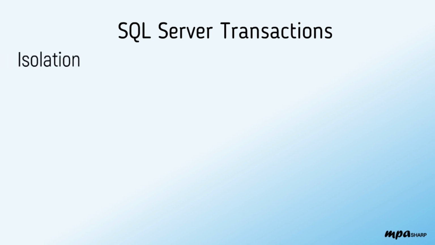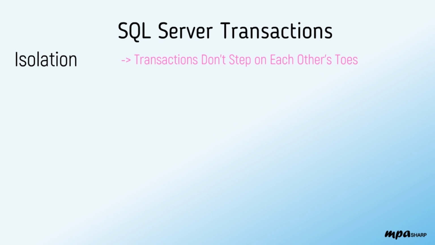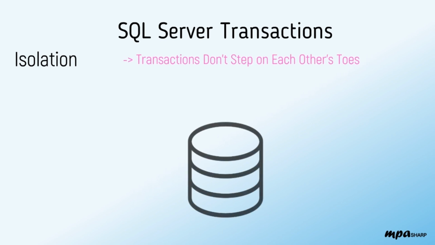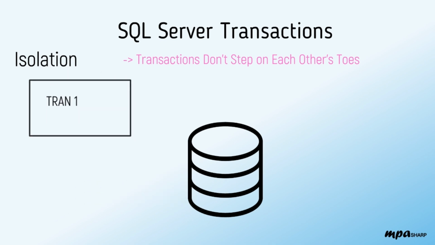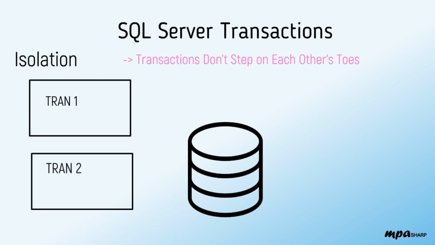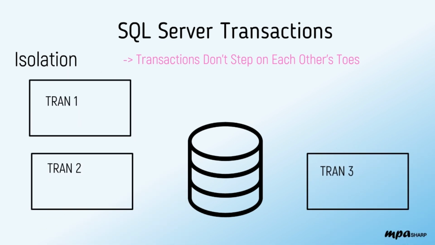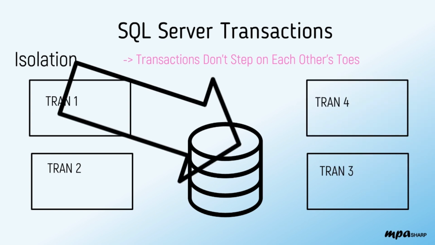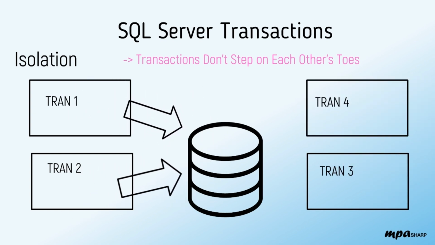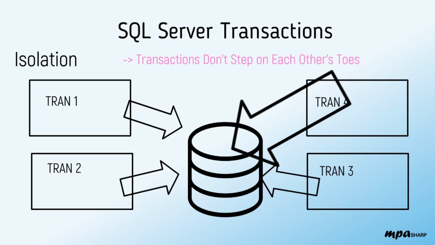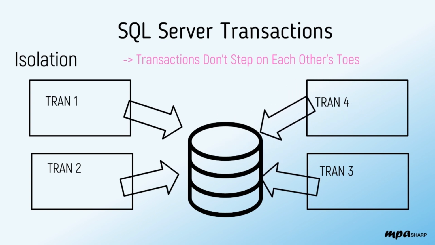Isolation. Think of it as transactions don't step on each other's toes. What does that mean? It means multiple transactions running at the same time should not interfere with each other. From the perspective of one transaction, it should appear as if it is the only transaction running on the database.